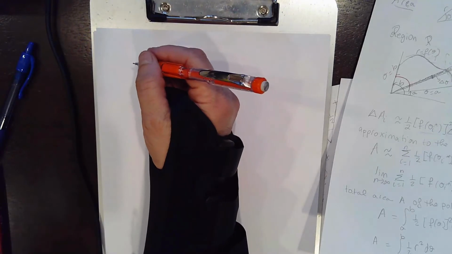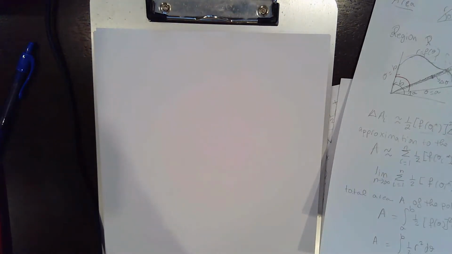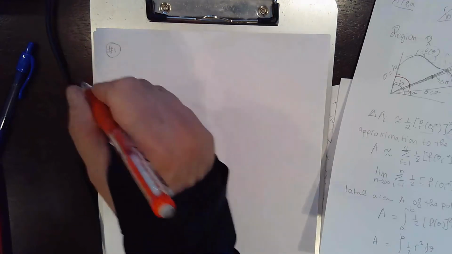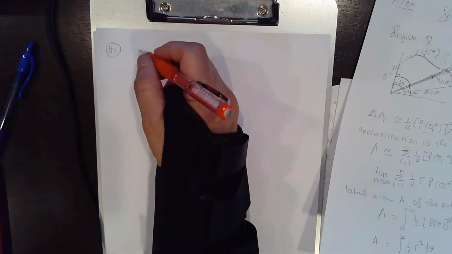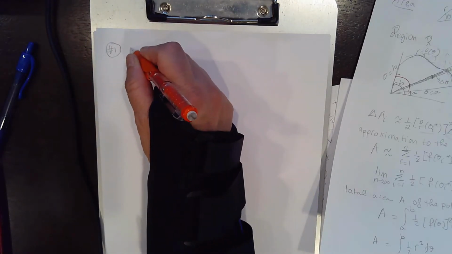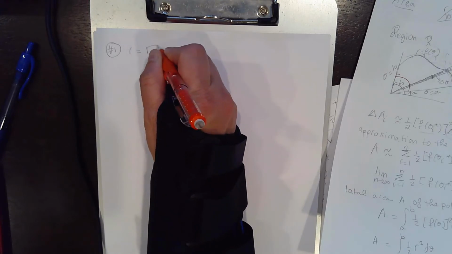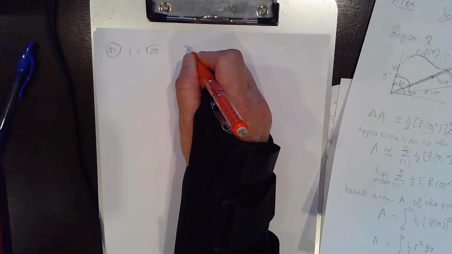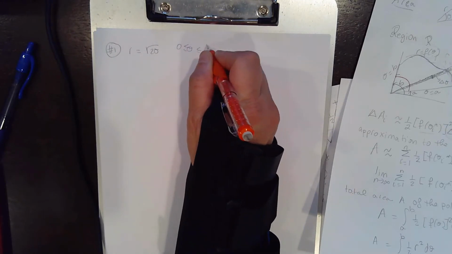Find the area of the region that is bounded by the given curve and lies in the specified sector. So number 1 here. Find the area of the region bounded by the curve r equals square root of 2 theta, and theta is between 0 and pi over 2.